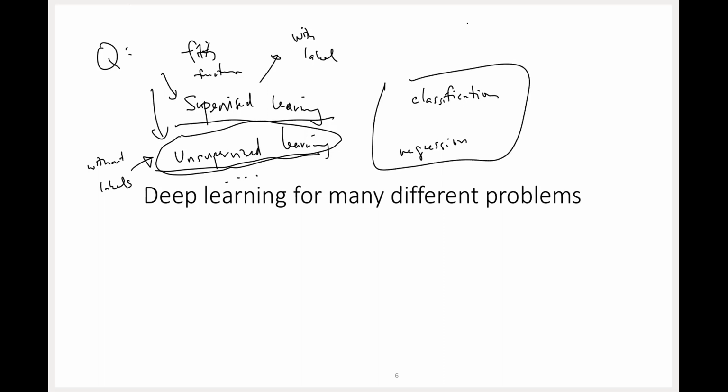Now how about another participation question, just a couple of poll questions. Are you familiar with the difference between classification and regression? I have some yes and some no here.